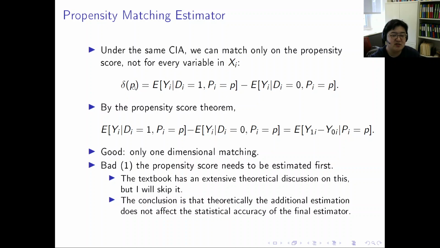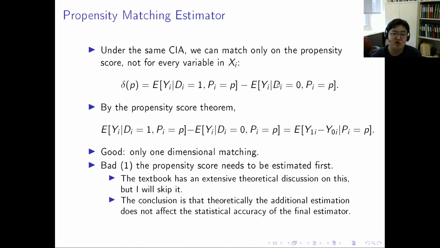The propensity score is a probability, so p can run from 0 to 100%. Depending on the propensity score you are interested in, you can think of the average treatment effect that is specific to a certain probability, right?